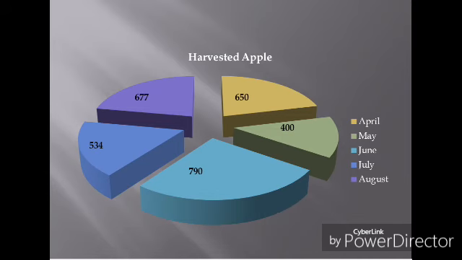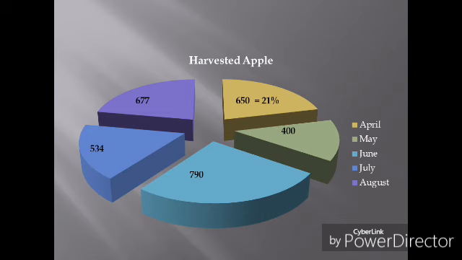Then we have to divide the cases of the month by the total cases multiplied by 100. Example, in the month of April, 650 divided by 3,151 times 100 is equals to 21%. Do the same with the other months.